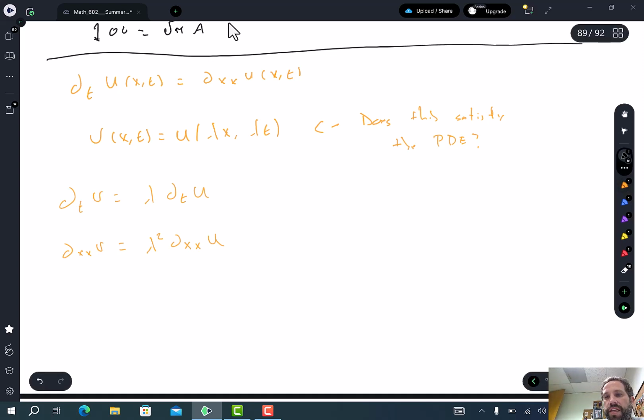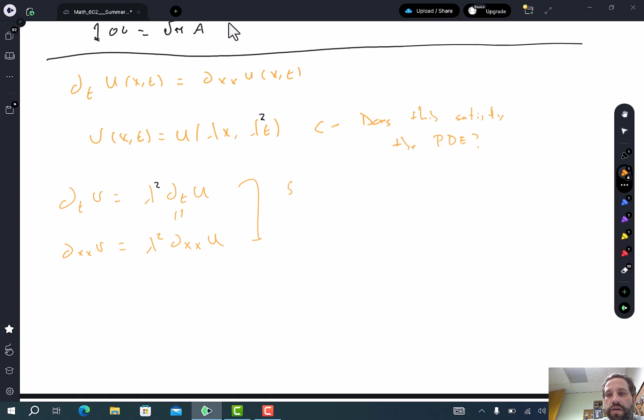Okay, well, there's an easy fix. Instead of just lambda t, I'm going to do lambda squared times t. And then when I do the t derivative of v, I'm going to get lambda squared. And now if I define v this way, these two things are equal. If u is a solution to the diffusion equation, then v defined this way is going to be a solution to the diffusion equation.